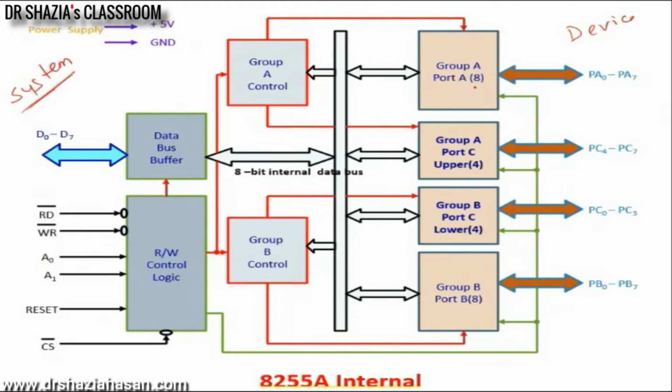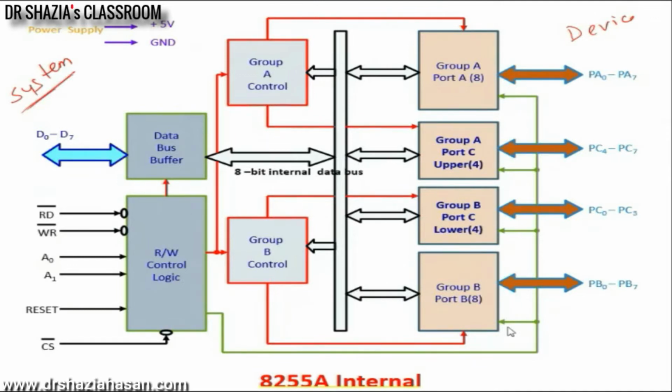You can connect an 8-bit input or output device to the 8255 because it has an 8-bit port A. Let us assume I am connecting 8 LEDs to port A, 8 switches to port B, and another 8-bit device to port C. In this way, we can connect three 8-bit IO devices through one 8255 chip.